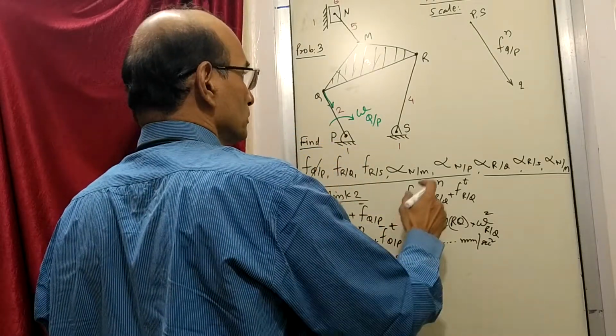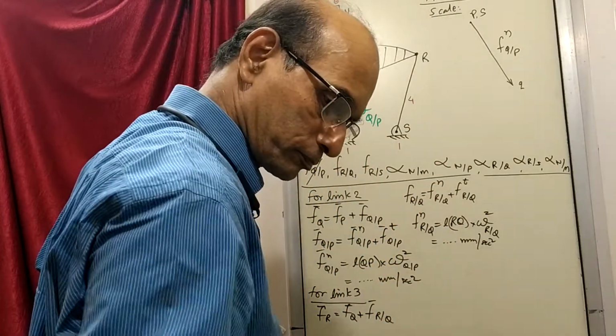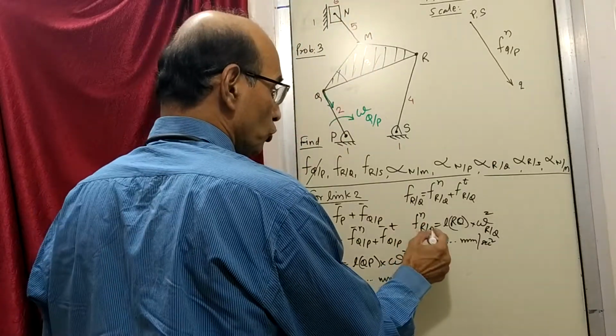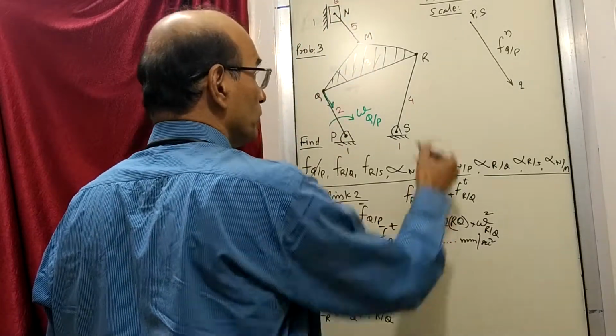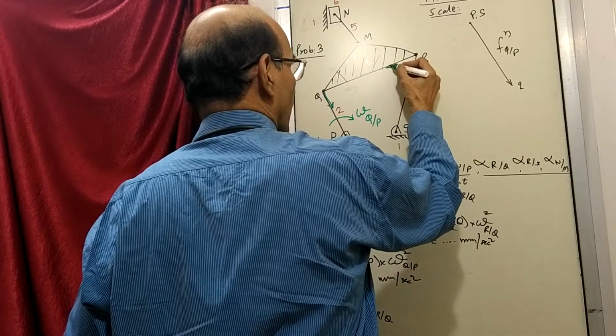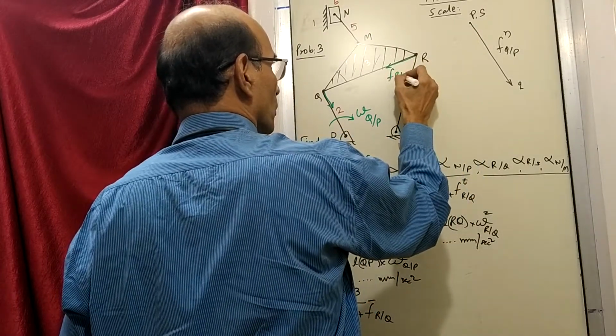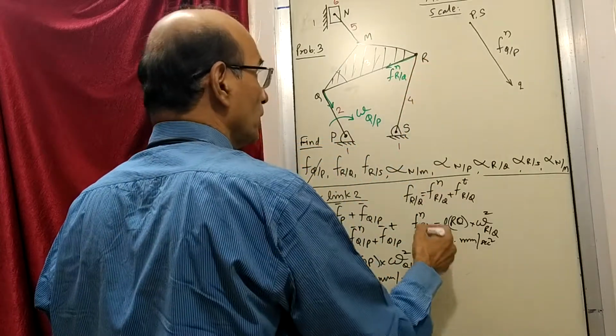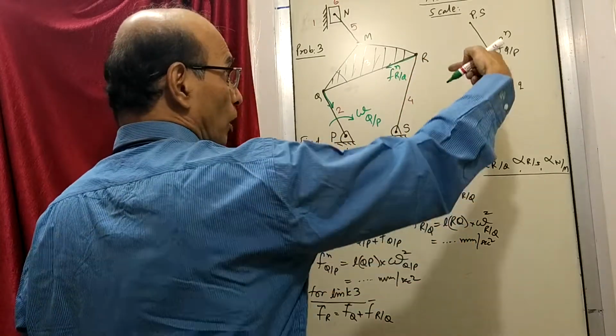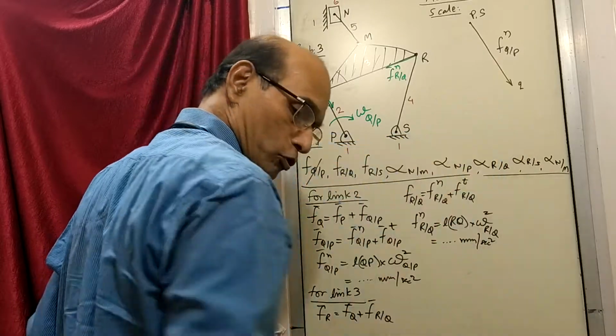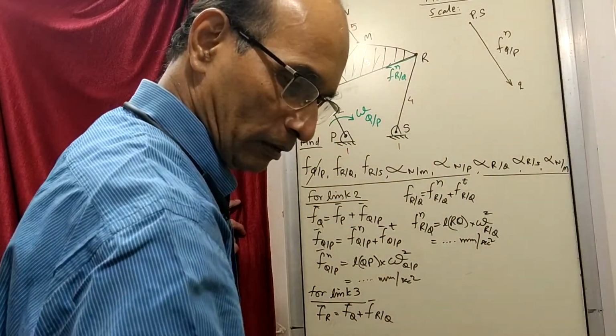So this value is there, and it is from capital R to capital Q in the linkage diagram. So it is like this, from R to Q, normal component, and here it is going to be from Q to R. So it will start from Q and it will end at R.